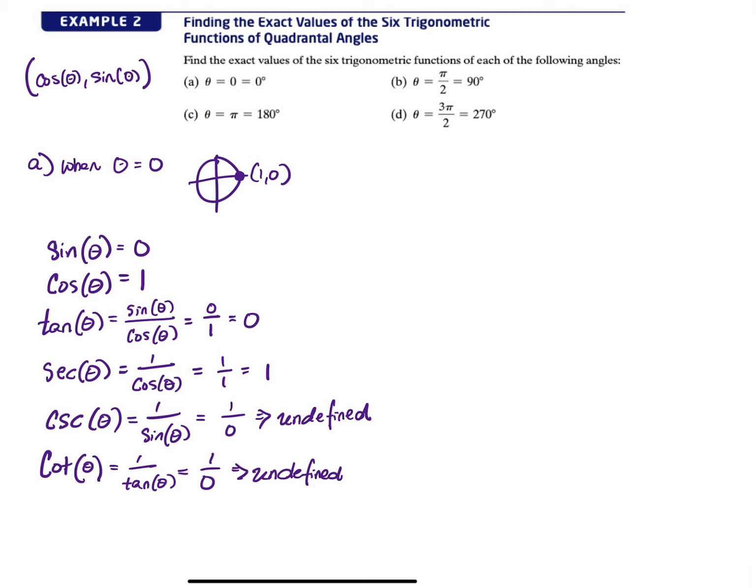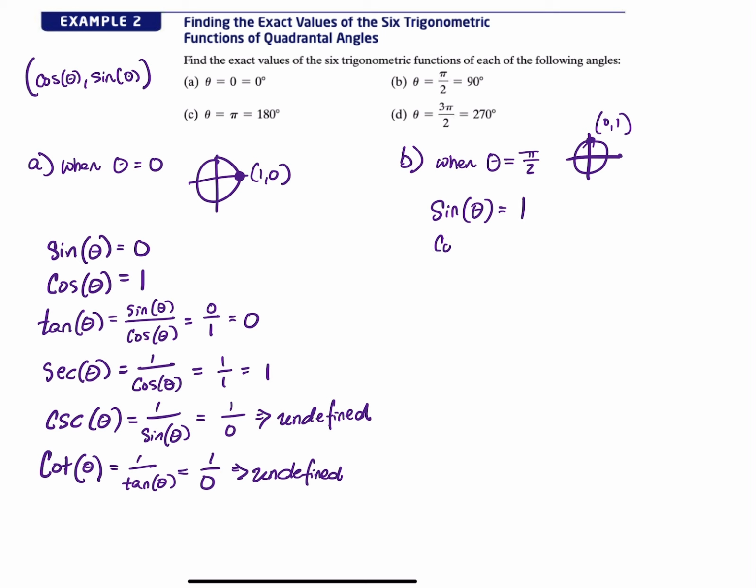All right, let's look at B for pi over 2. This was 90 degrees. So part B, when theta equals pi over 2, I can think again, where am I? Well, I'm up here at 90 degrees. That will have a coordinate point of 0, 1. So just by looking at it, I know the sine of pi over 2 would be the y-coordinate, so 1.